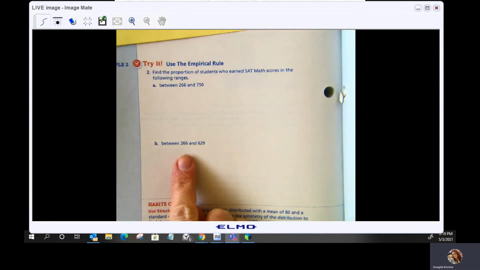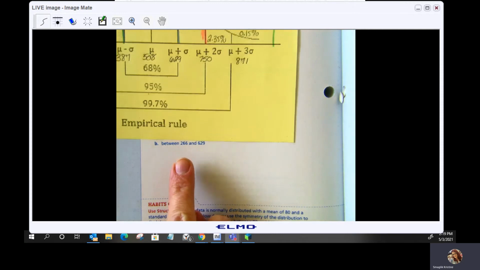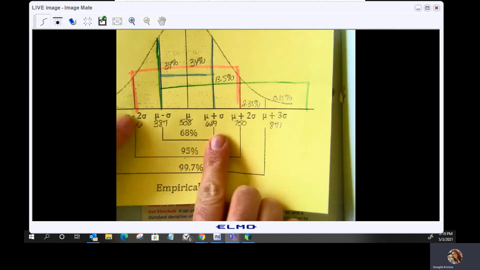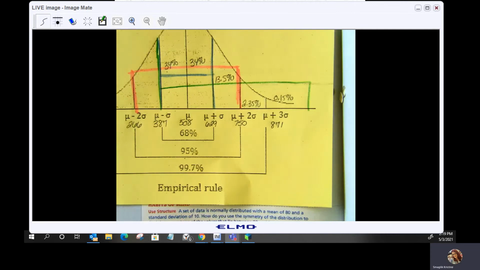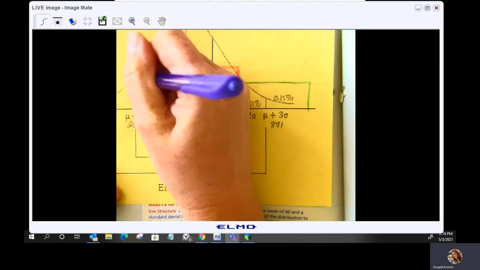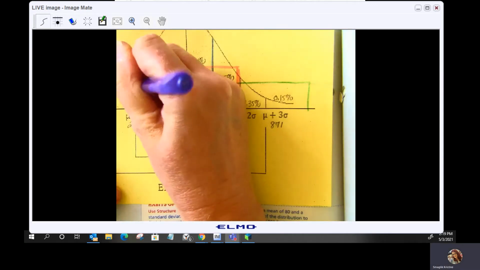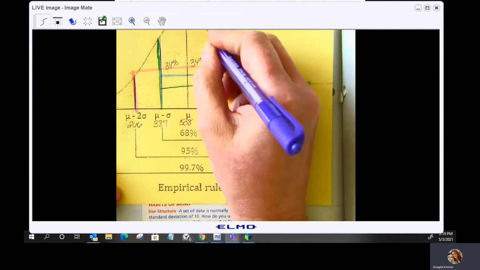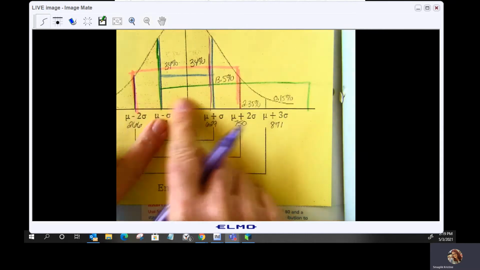And B, between 266 and 629. 266, 629. So from 266 to 629. So all of the data in this interval.